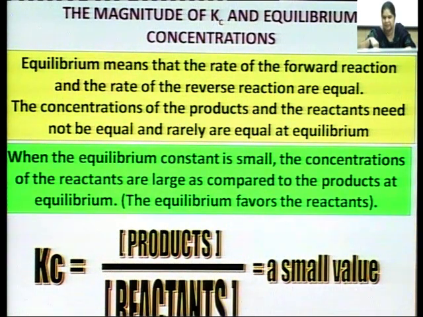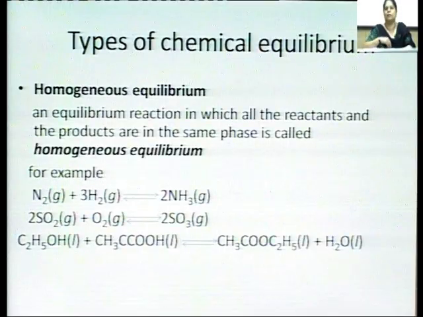Now, coming to types of chemical equilibrium, there are basically two types: one is homogeneous equilibrium and the other is heterogeneous equilibrium. Now, what do we mean by homogeneous equilibrium?